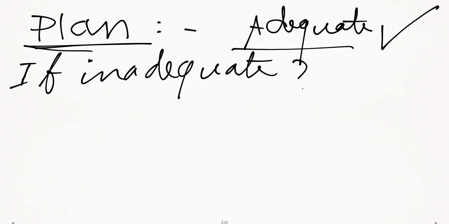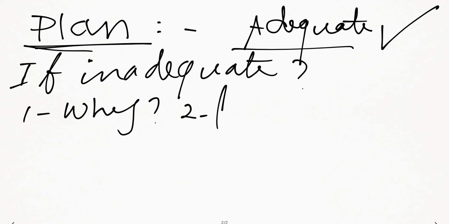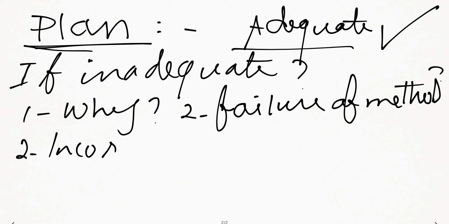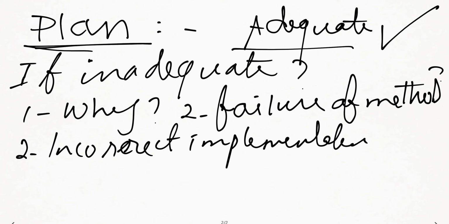you are going to ask the questions that we mentioned before. You are going to ask why it is not adequate. Is it due to failure of the method? And is it due to incorrect implementation of the chosen method?